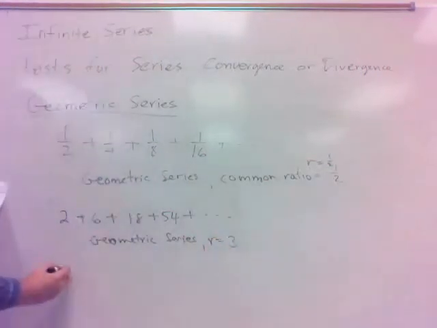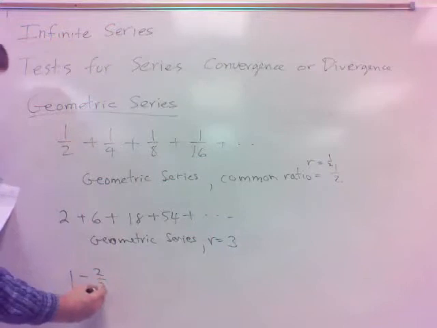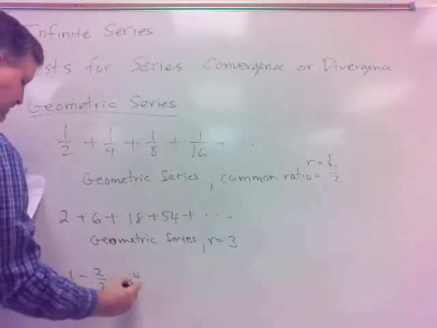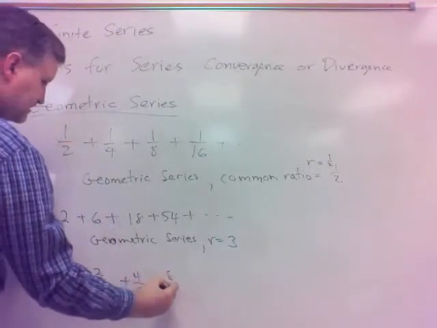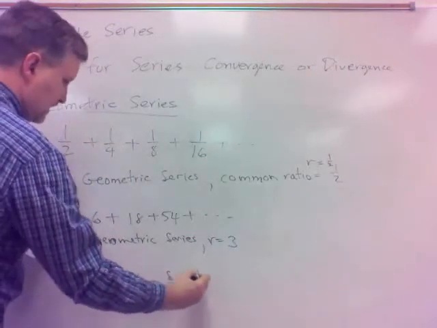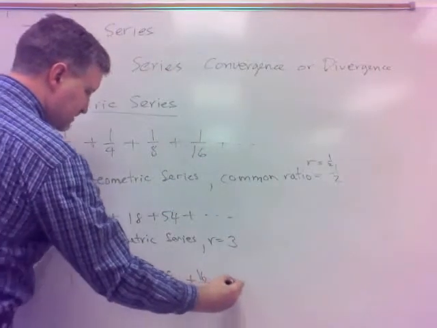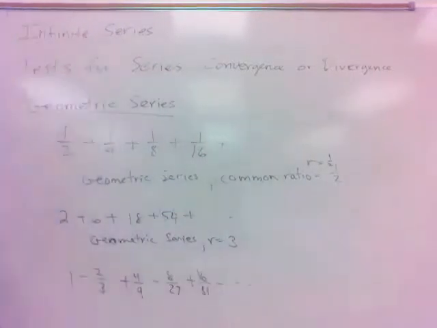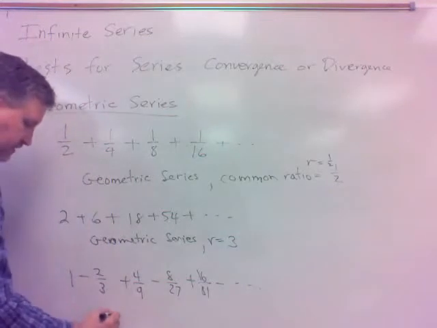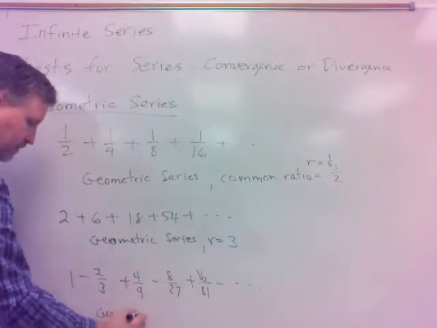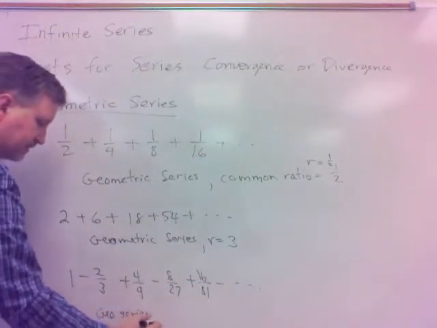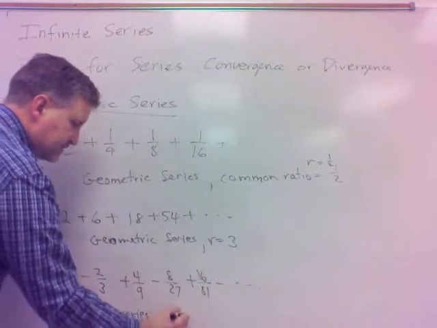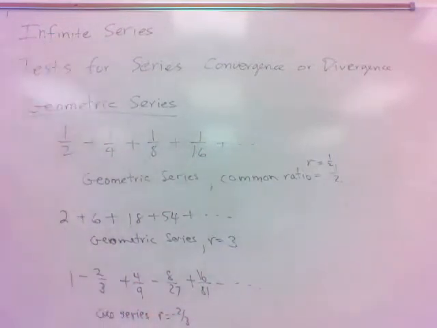And this one's geometric: 1 minus 2/3 plus 4/9 minus 8/27 plus 16/81 minus, and so on. Alternating, we can have geometric series that alternate. That's a geometric series. R is what there? Negative 2/3. Yeah, the ratio is going to be negative when it alternates.